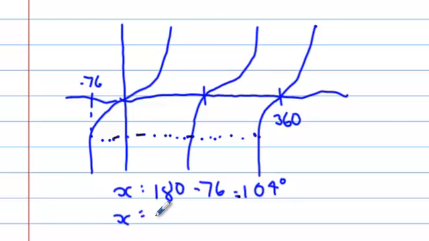So x is 360 minus those 76 degrees is 284 degrees. So those are the two solutions for the function in that range.